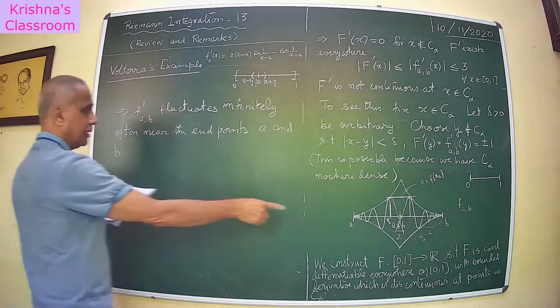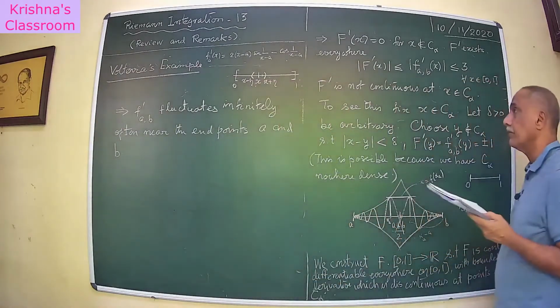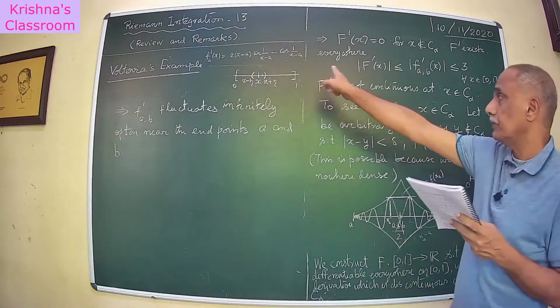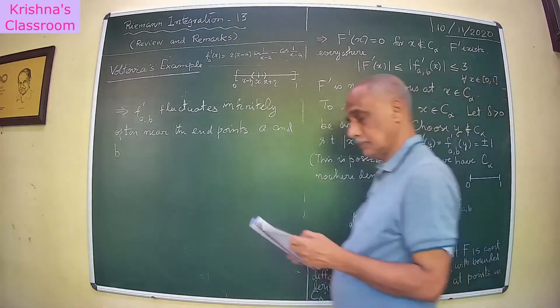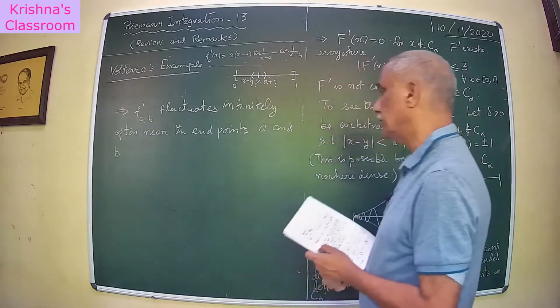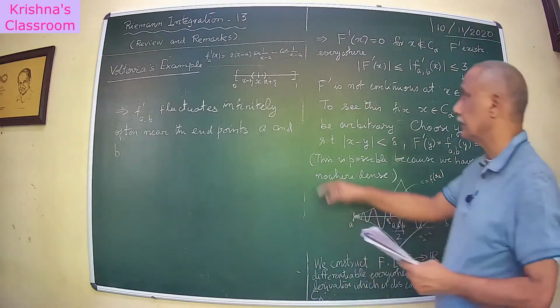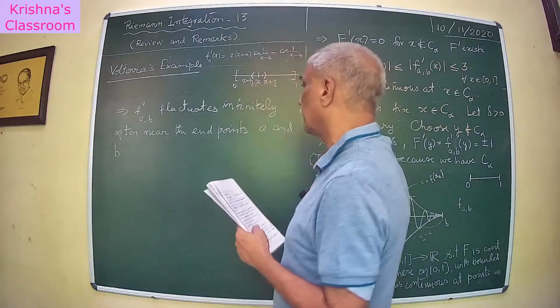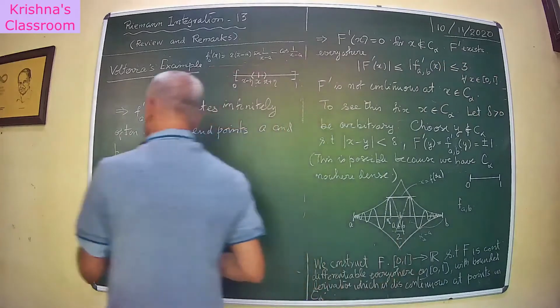Please refer to the picture that you have. Near here and here f derivative fluctuates. This is the f derivative, the definition of f derivative. And the fluctuation is within plus 1 and minus 1 because it is the fluctuation of this term that happens.